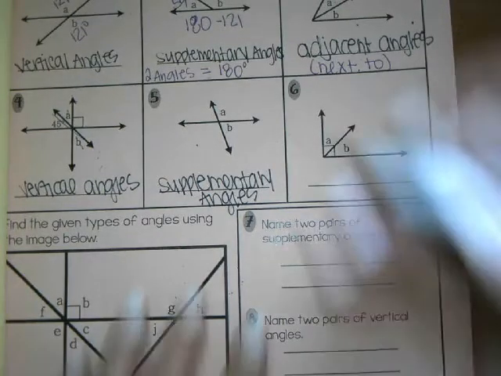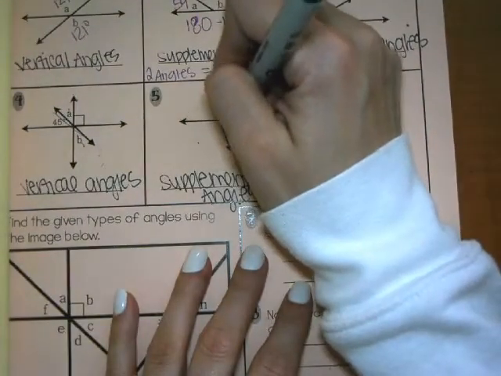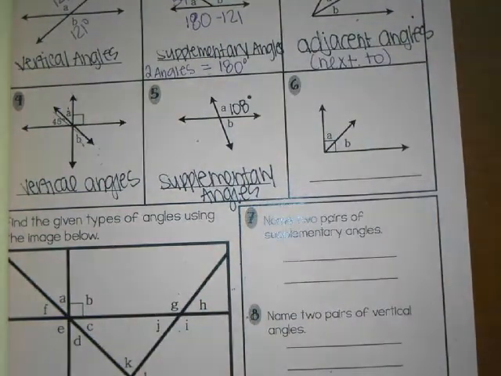Okay, so if I told you that angle A was 108 degrees, figure out what angle B would be. Go.